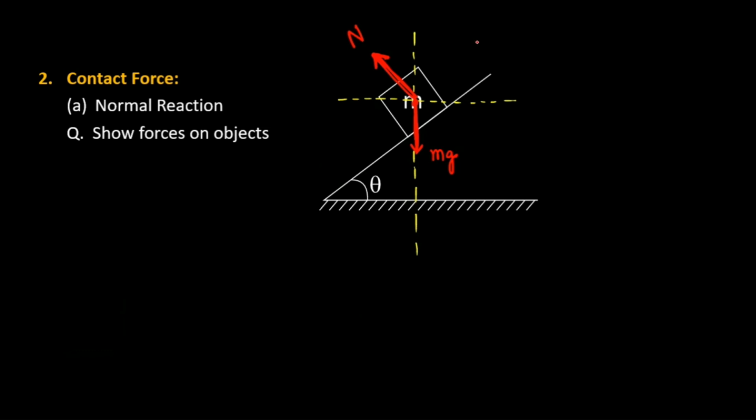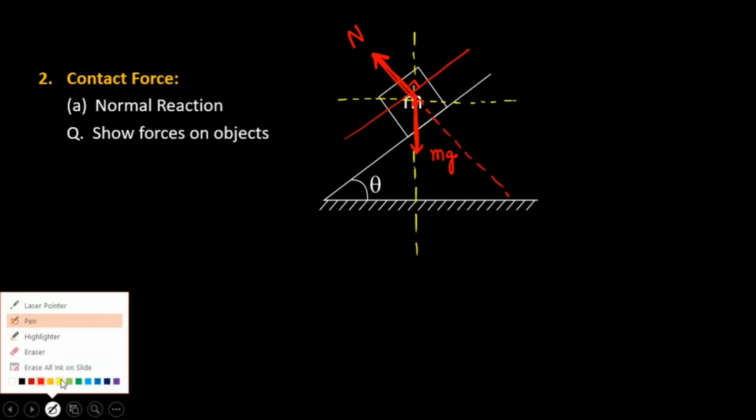You can verify whether it is perpendicular to the surface or not, considering this line. It is going to be perpendicular to it. But we have to find what this normal is going to be. One thing we learned in vectors is that a vector has two components, and these two components are perpendicular to each other.